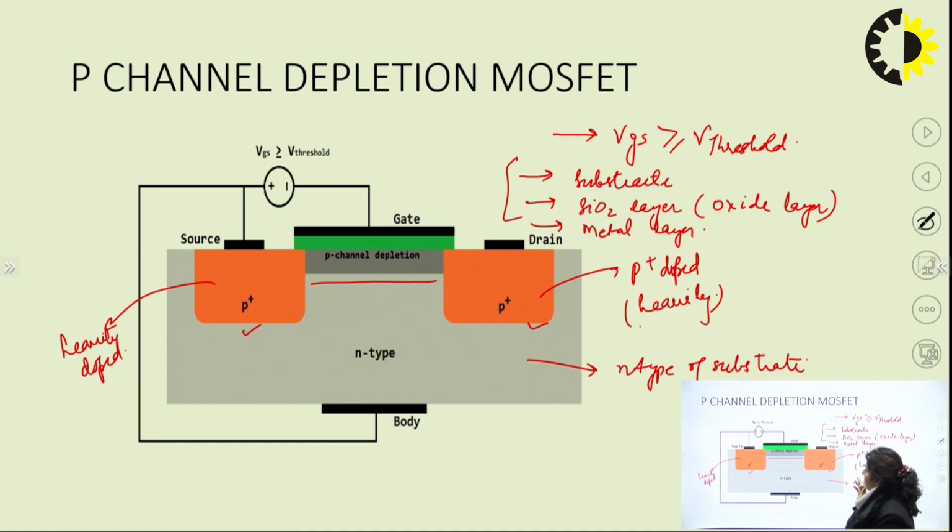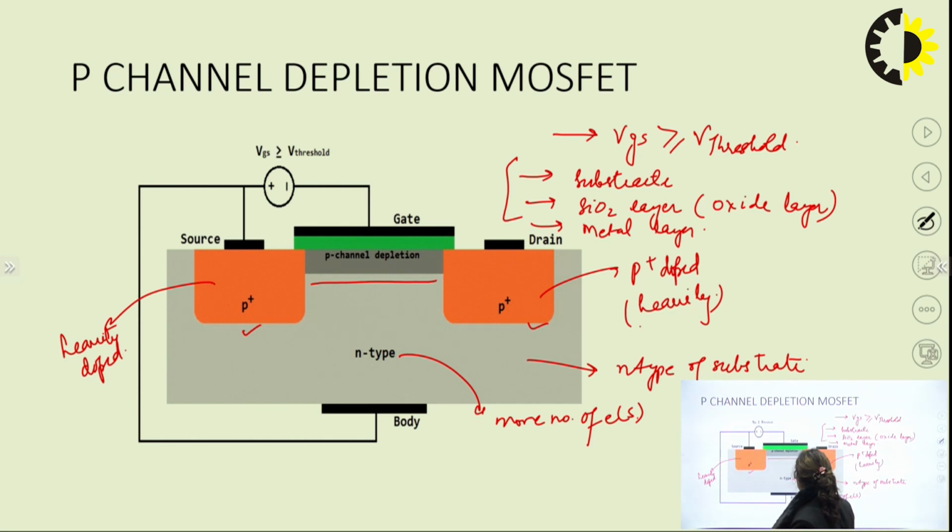What we see here is that whenever you apply the voltage, that is VGS greater than V threshold, the negative is connected to the gate and the positive is connected to the body. Whenever you apply negative voltage to the gate, obviously the N type substrate has more electrons, because it's N type. If it is P type, more holes are there.